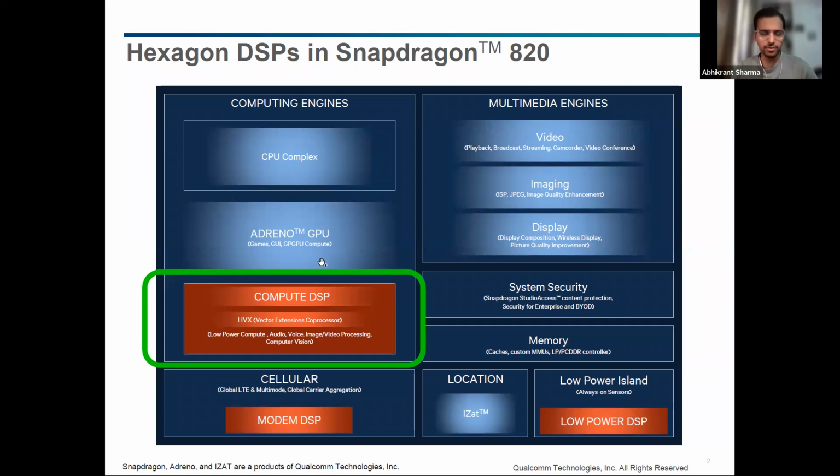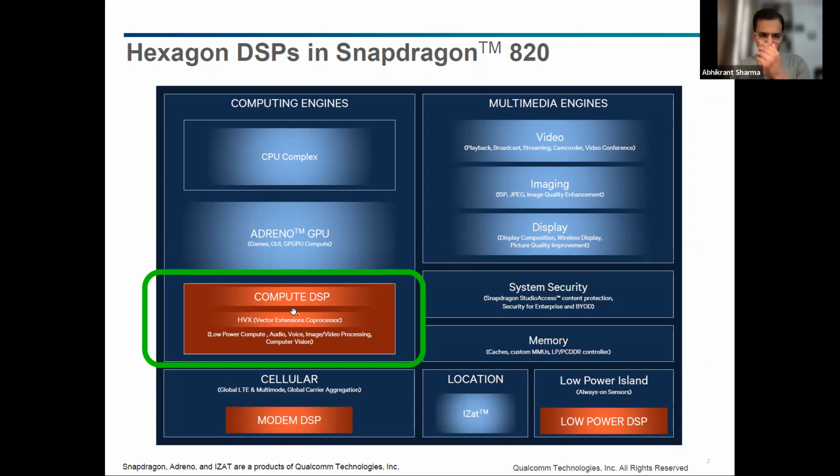Apart from the GPU, we have a few dedicated DSPs. For those of you who don't know what a DSP is, DSP stands for Digital Signal Processor, and it's specialized hardware that is created with the idea of doing computationally intensive mathematical operations in a relatively faster manner, and at the same time consuming as little power as possible.